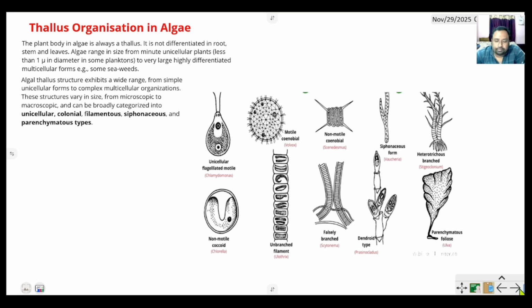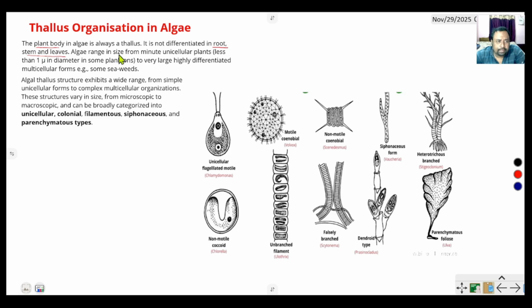Thallus is one type of plant body. This plant body is not differentiated into root, stem and leaves. The plant body that is not differentiated into root, stem and leaves is called thallus.